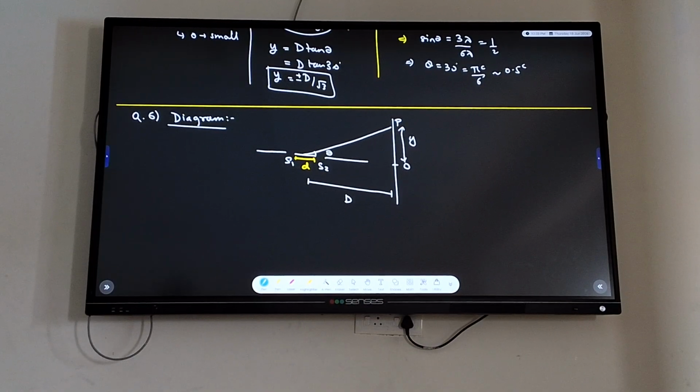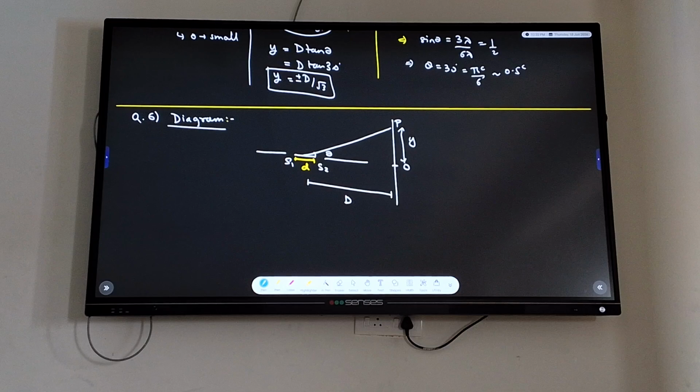Incorrect. This is what, 0 plus minus d 3 root 55 by 8.